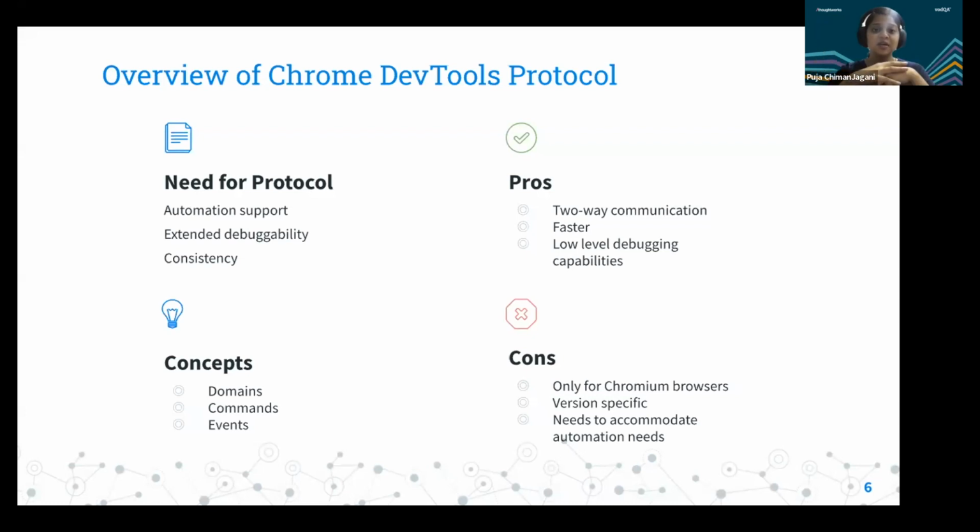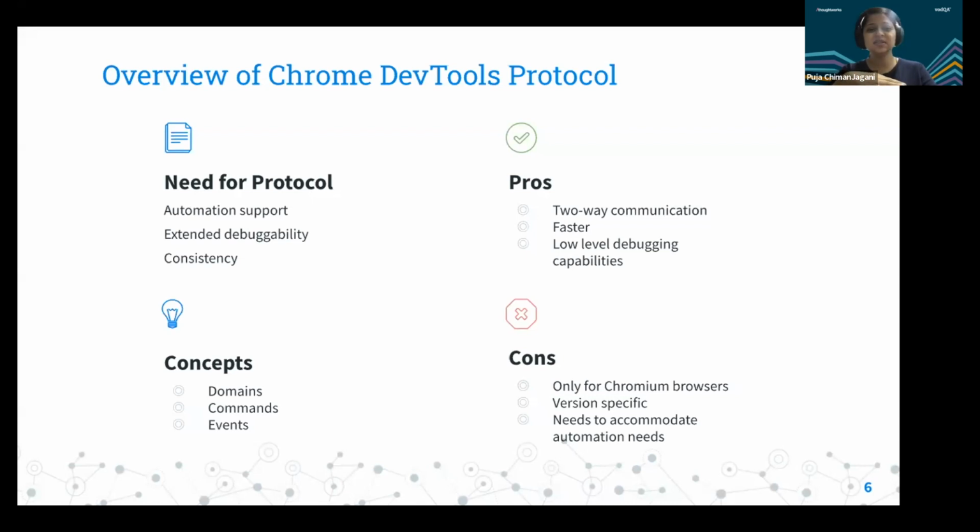So that communication between the browser and the DevTools happens using the Chrome DevTools protocol. It's a common language that they both understand, right? That's why you need a protocol. And it gives you consistency. Like for all Chromium based browsers like Edge or Chrome, they understand CDP and they know how to work with it. And hence they have this whole developer tools window available, right? So it gives you consistency.